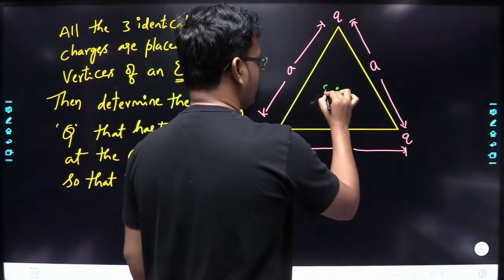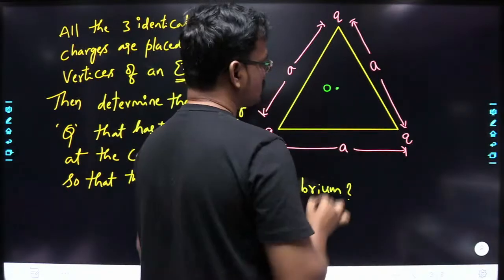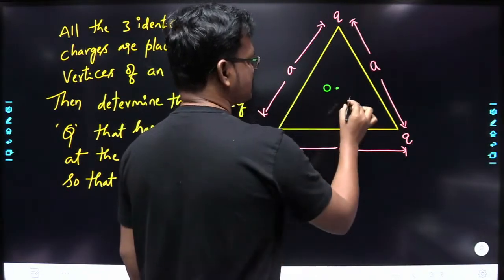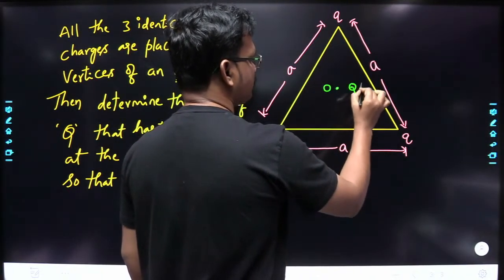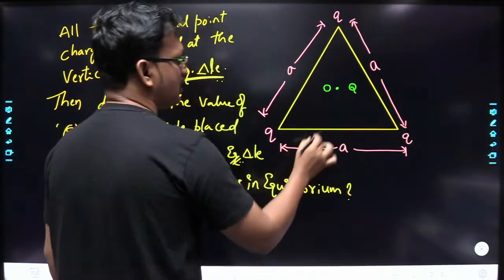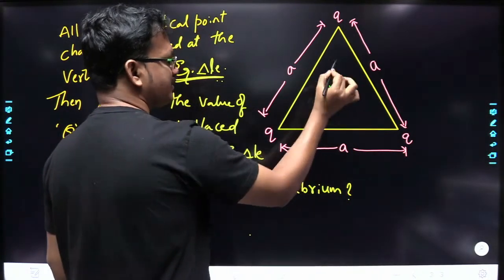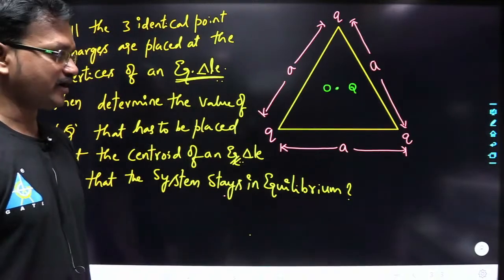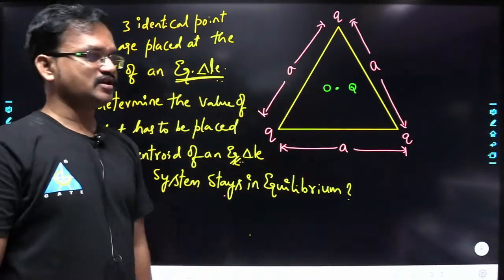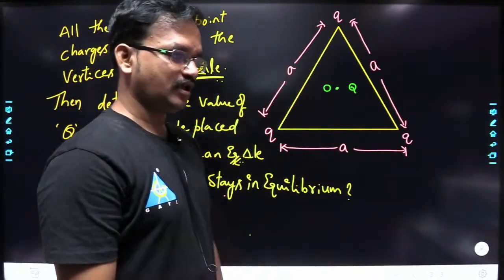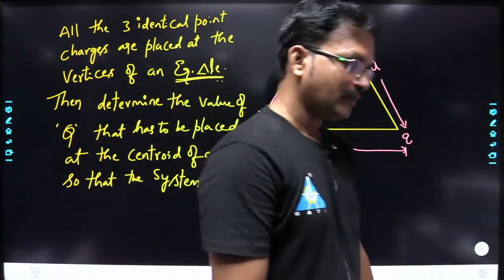So this centroid I am naming it as O, right? Now at this centroid, what must be the value of q that you have to place exactly at this centroid, such that the system stays in equilibrium, right?